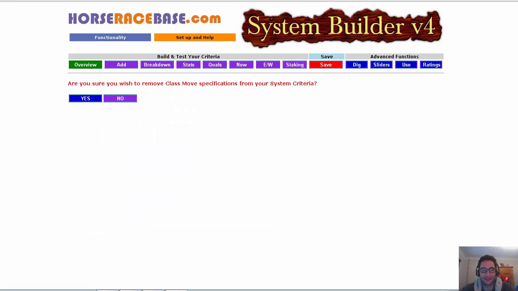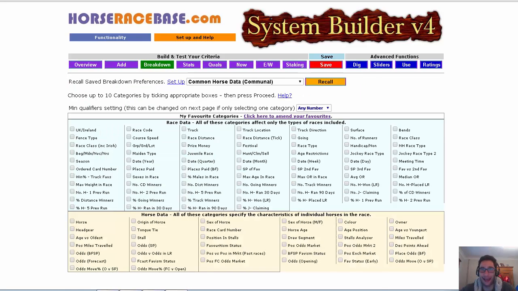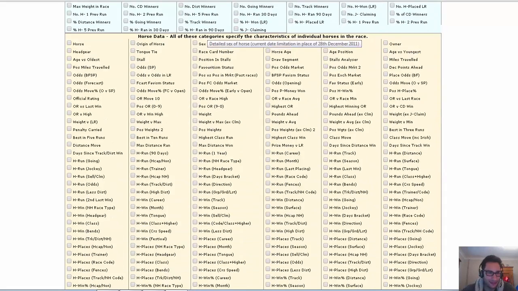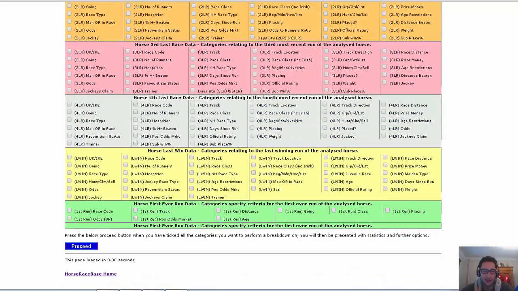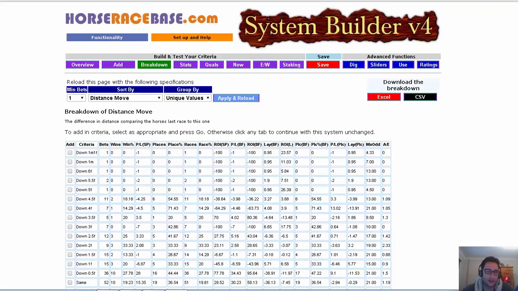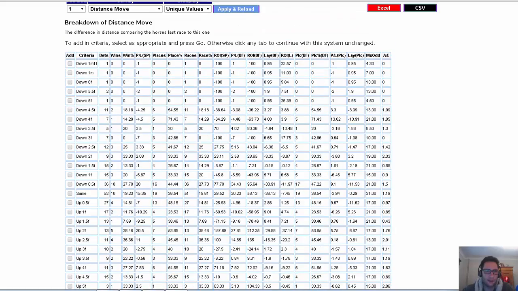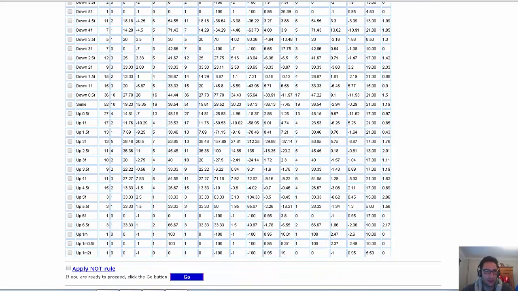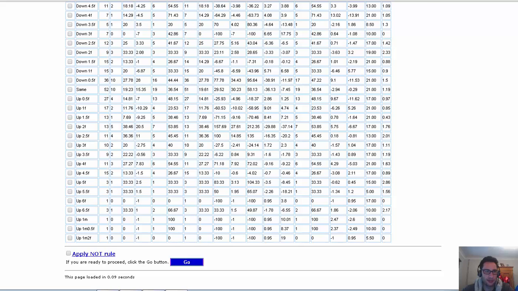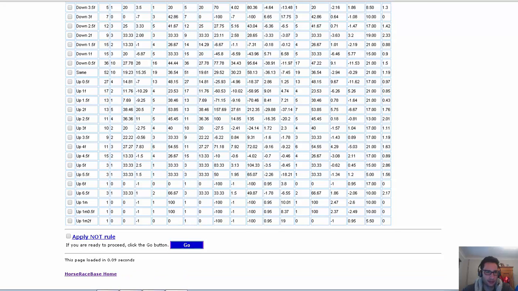So, up in class, let's have a look at distance move. So our horse is improving for moving up in distance, say, or dropping in distance. What's he like with those types? Some big distance movers here. Moving up 2 furlongs, some of these will be covered by the handicap hurdle debutants.